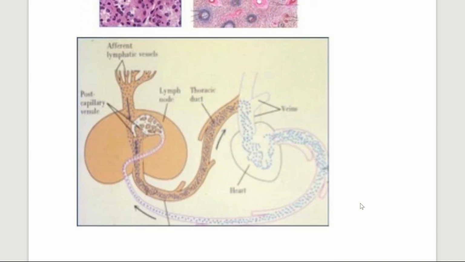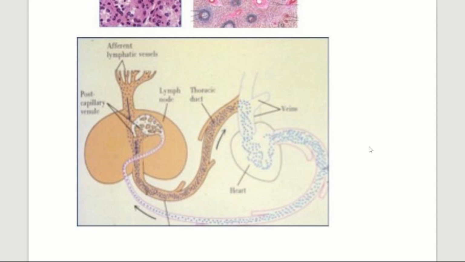Okay, and so this picture is talking about lymph nodes. It's trying to describe the purpose of a lymph node, right? And so remember, we said the lymph node is a secondary lymphatic organ, meaning it is antigen dependent, meaning it needs the antigens and the white blood cells in order for it to perform its function, right?